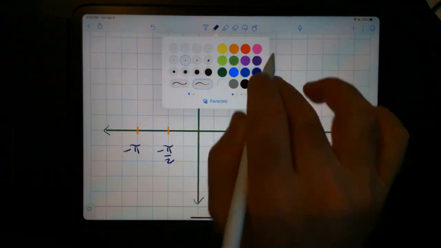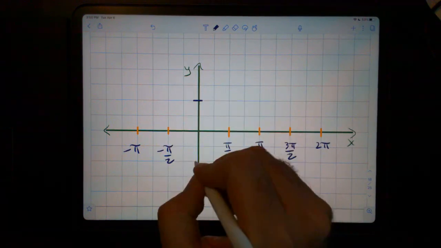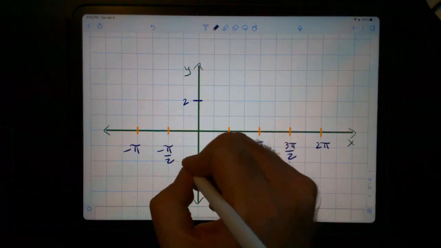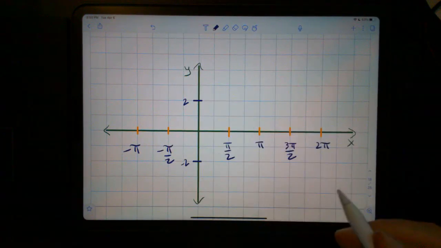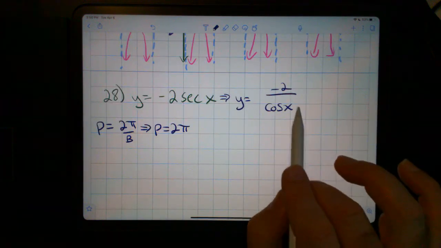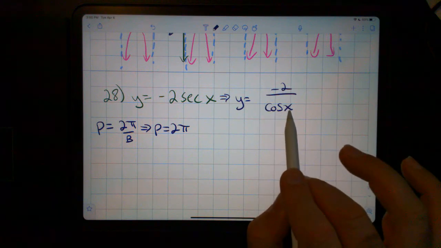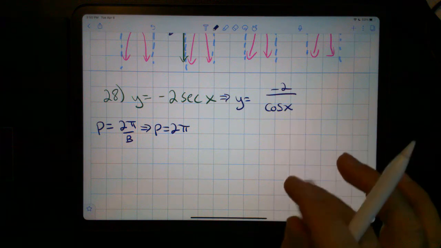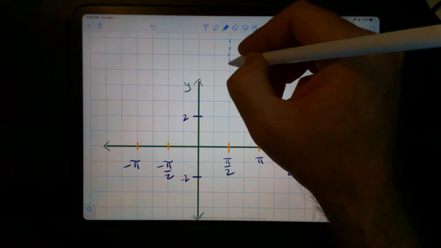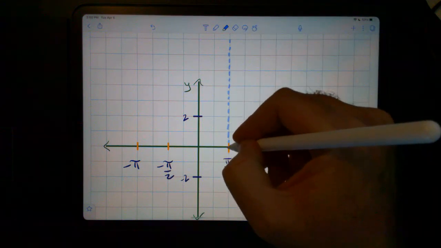So let's make this 2 and -2. Okay. Then let's look at our asymptotes, or when your denominator is 0. So this is going to be at pi over 2 and 3 pi over 2 and 5 pi over 2. Your odd multiples of pi over 2. So that is where we have an asymptote.